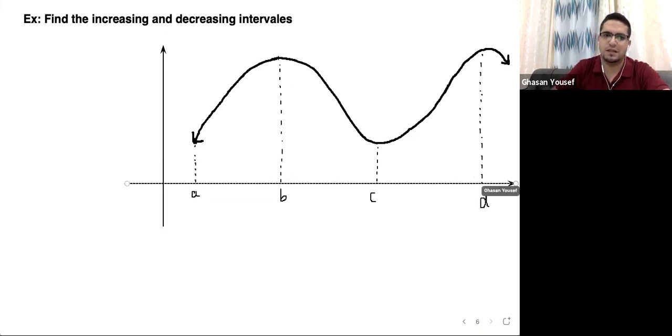This function has the name f of x. Where is f of x increasing and where is f of x decreasing?